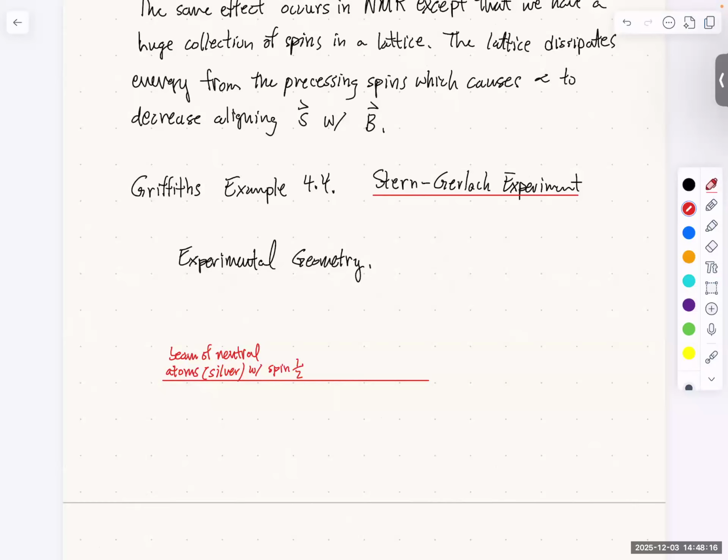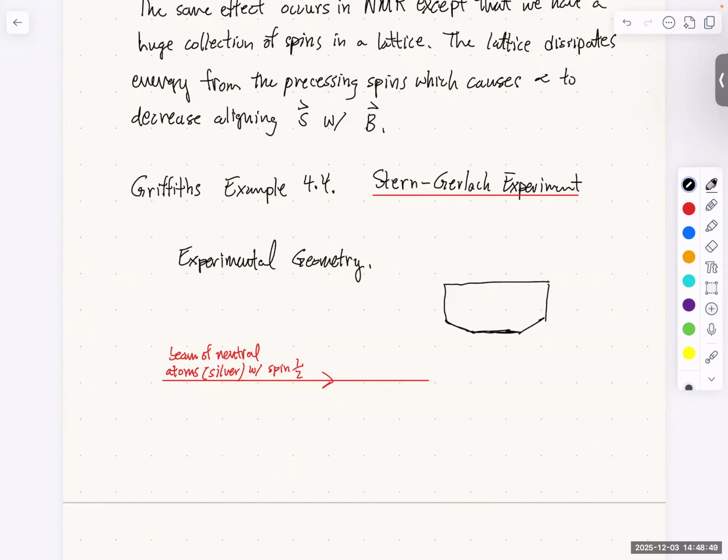Okay, and we're going to force this beam of atoms to go through a magnet. And so I'm going to try to draw a magnet, but I'm going to draw it in a little bit of a funny way. I'm going to draw the magnet as being a little bit asymmetric. The only reason I'm doing that is because you'll see why in a second. It turns out that we're going to need our magnet to be not uniform.